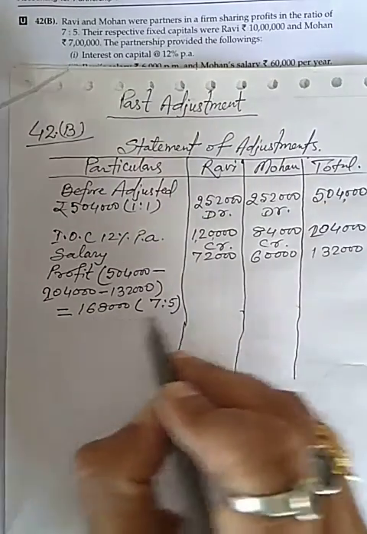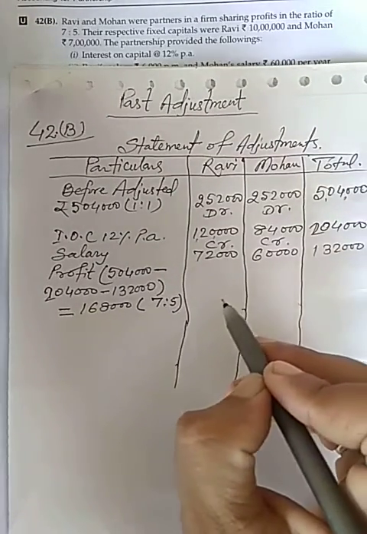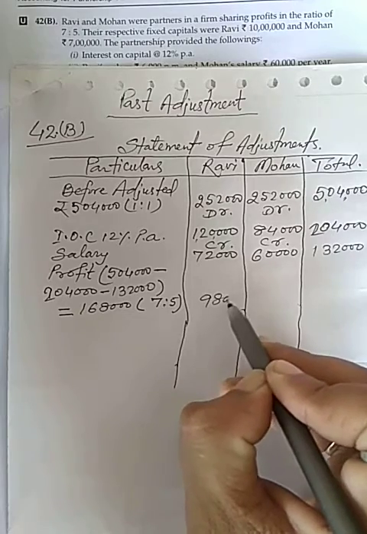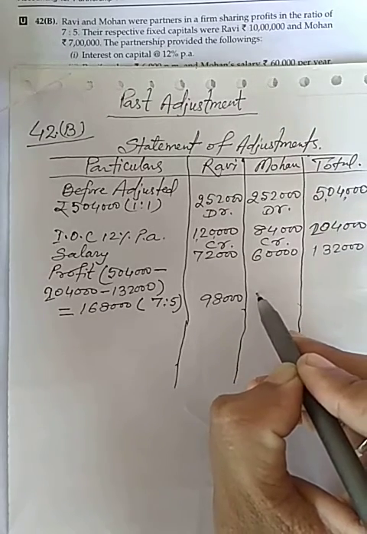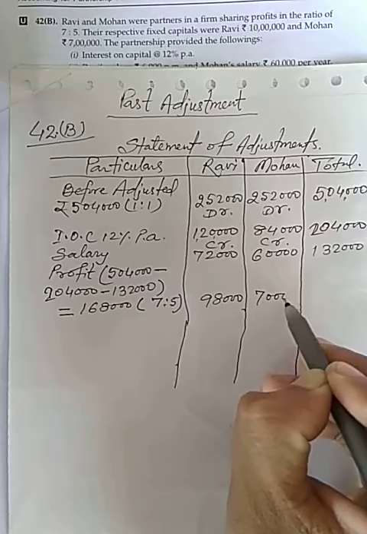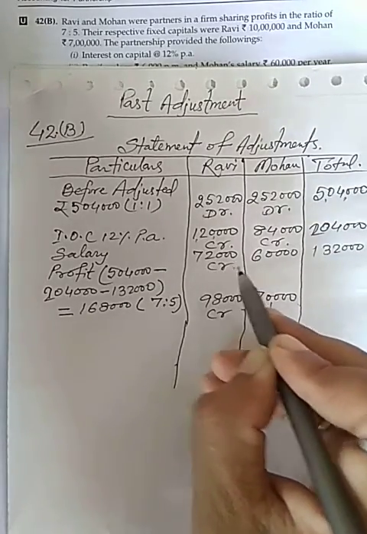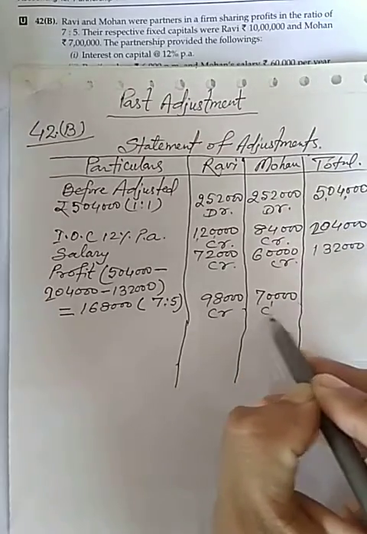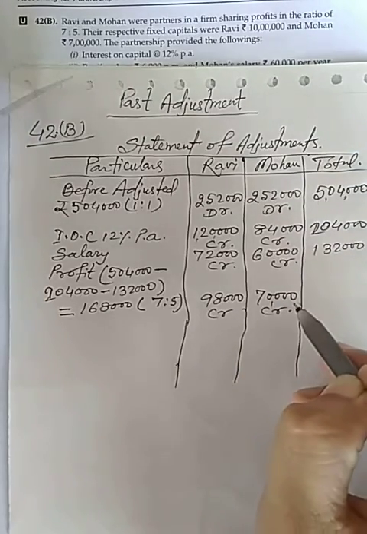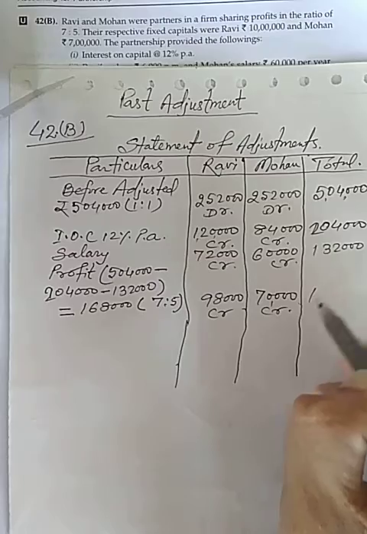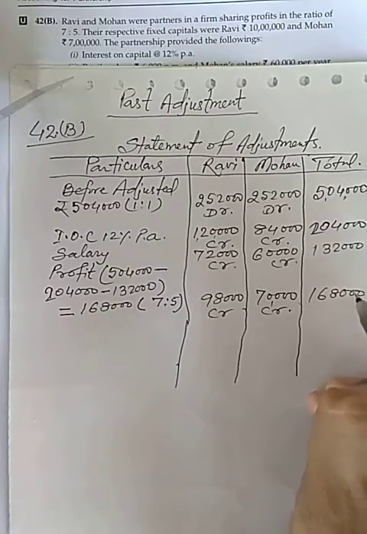Now student, it will be 98,000 and 70,000 credit. Total will be 1,68,000.